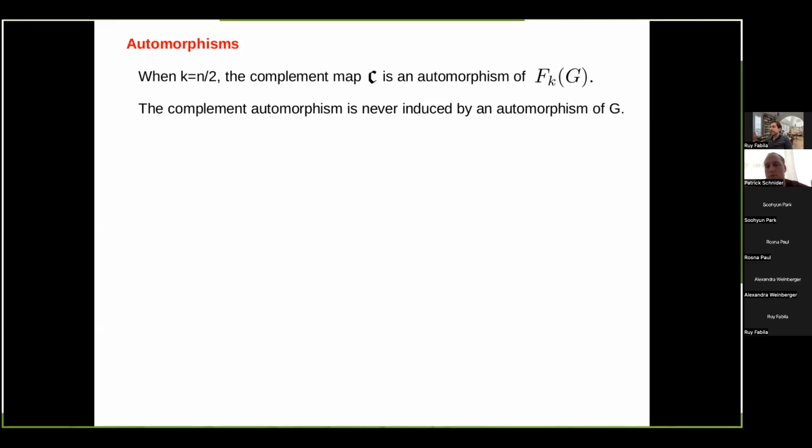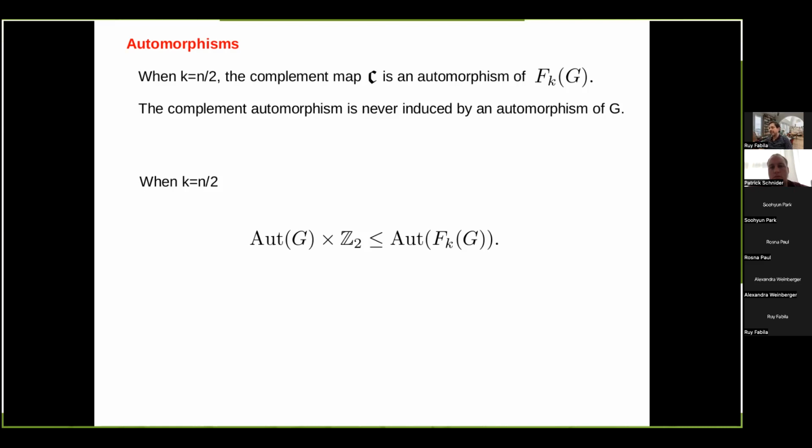That implies, in particular, that the Cartesian product of the automorphism group of G times C2 is a subgroup of the automorphism group of the token graph, because the complement by itself is the identity, and it commutes with every automorphism of the token graph.